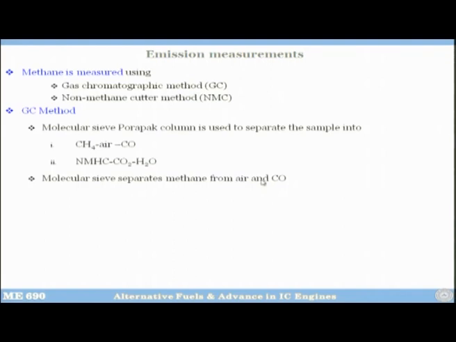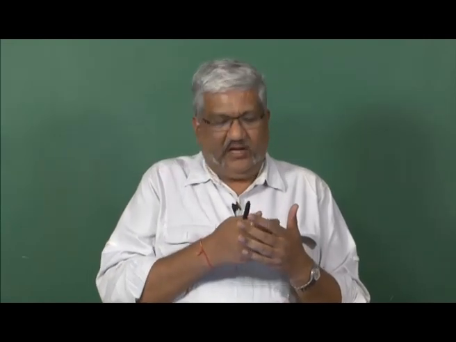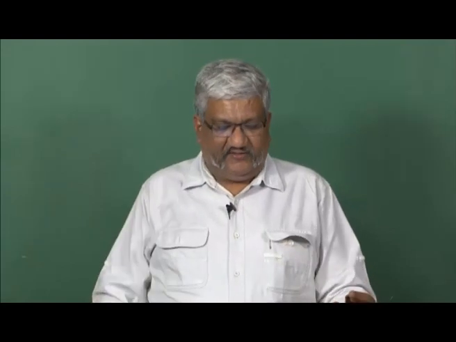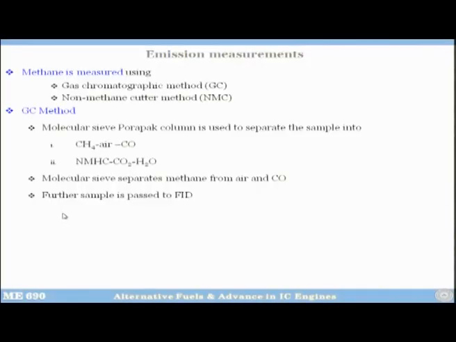Molecular sieves have a particular size between their atomic structures, and only methane passes, while air and carbon monoxide remain. Once you have separated this methane, you can just put it through the FID, and that will give you methane hydrocarbon. So it's a fairly straightforward method. This is called the gas chromatographic method.